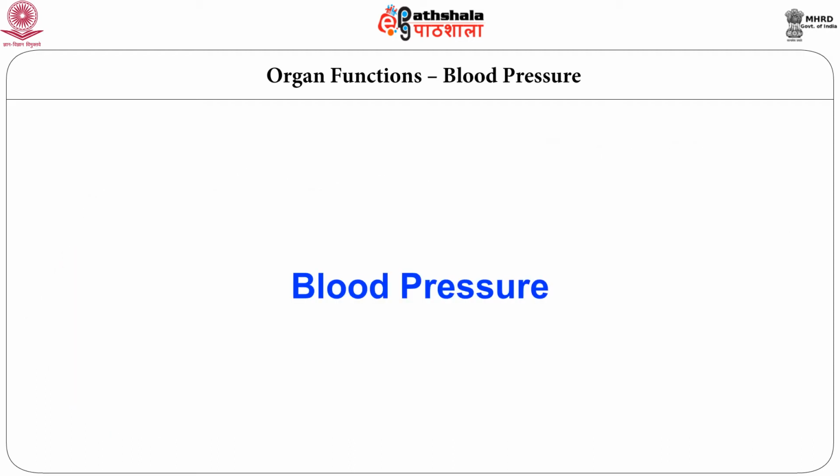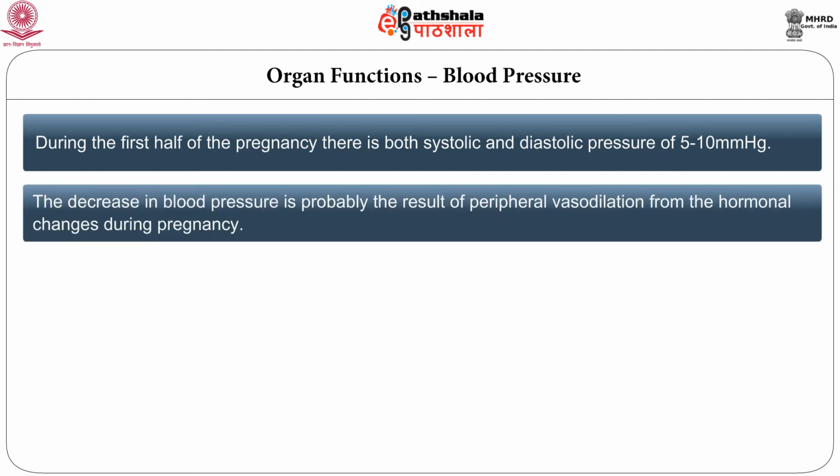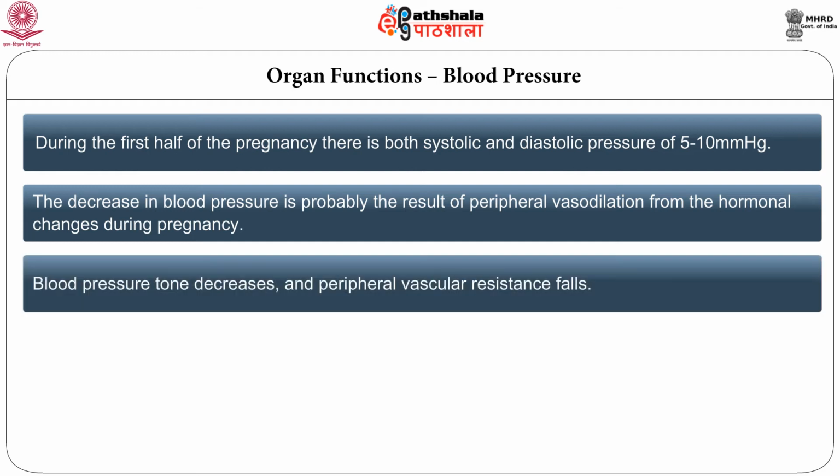Coming to the blood pressure during pregnancy. During the first half of the pregnancy, there is a decrease in both systolic and diastolic pressure of 5 to 10 mmHg. The decrease in blood pressure is probably the result of peripheral vasodilation from the hormonal changes during pregnancy. Blood pressure tone decreases and peripheral vascular resistance falls.